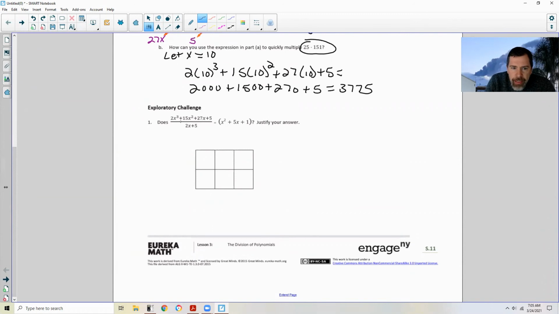So if I take this 2x cubed plus 15x squared plus 27x plus 5 and put it outside, out here, 2x cubed, 15x squared, 27x over here, and 5 right here.